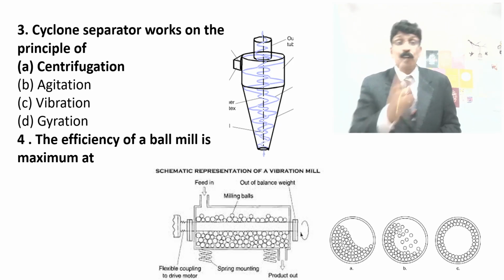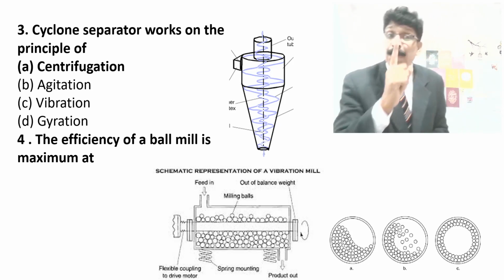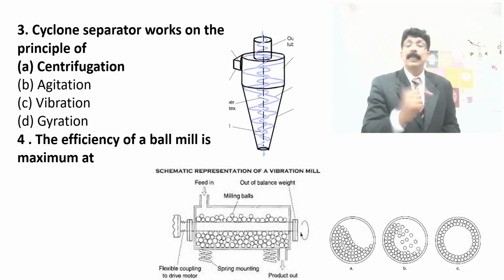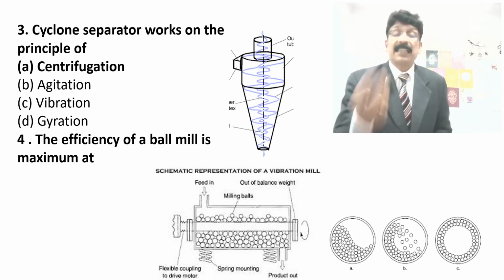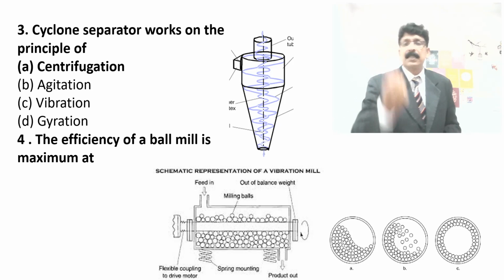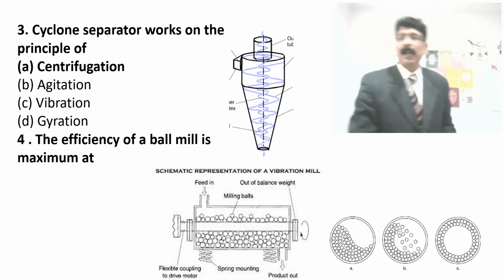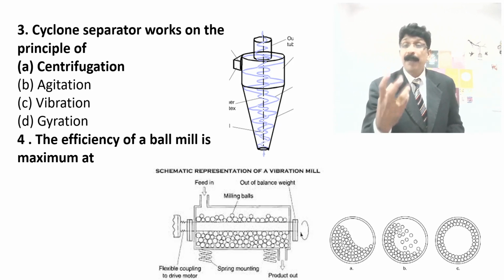So the question is, they have asked about efficiency. That means a ball mill has maximum efficiency at what speed? The answer we already know, I have explained. The speed should be medium, 2/3.